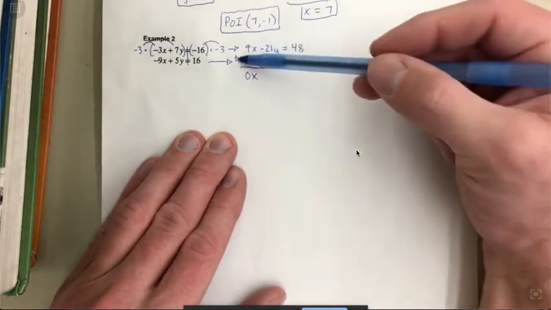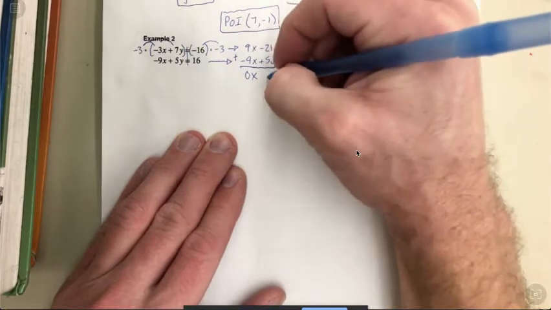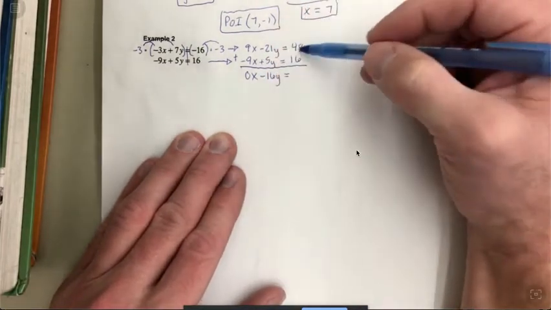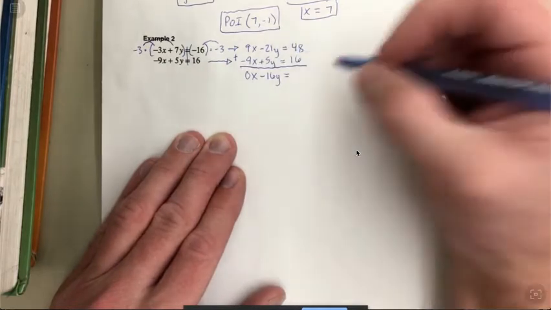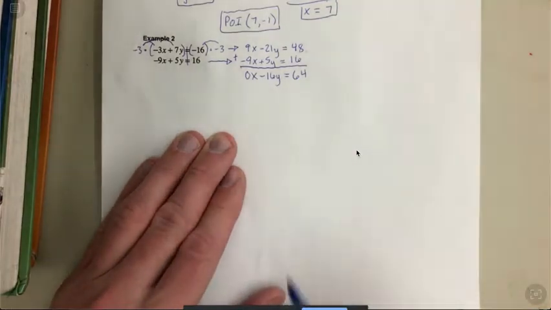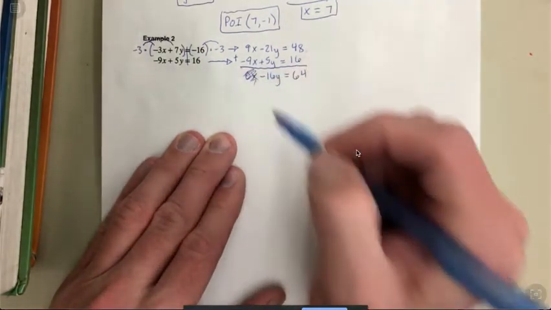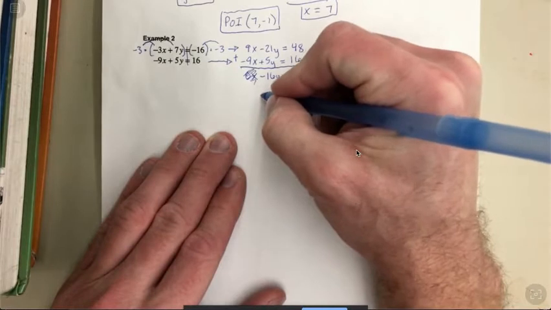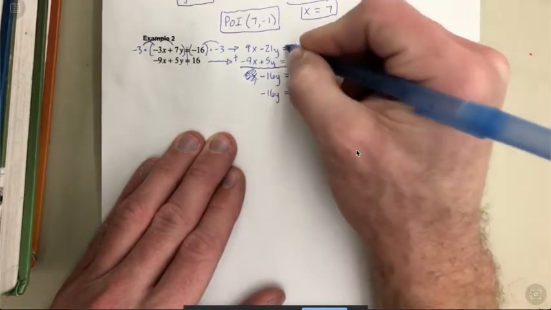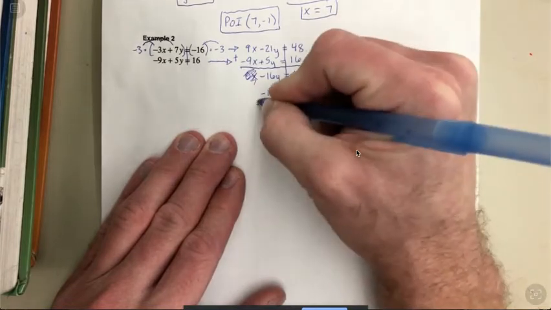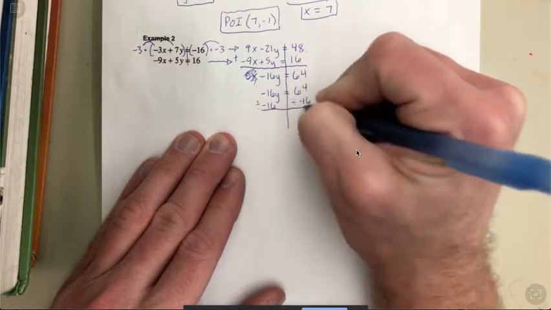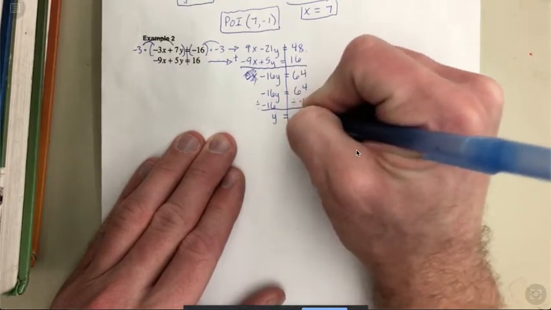Negative 21y plus 5y is going to be negative 16y. And 48 plus 16 is going to be 64. All right, so now that 0x is eliminated, leaving me with negative 16y equals 64. And if I divide both sides by negative 16, I'm going to get that y equals negative 4.